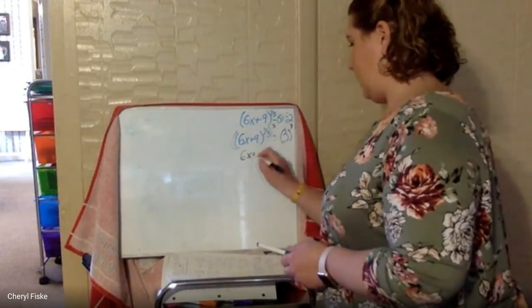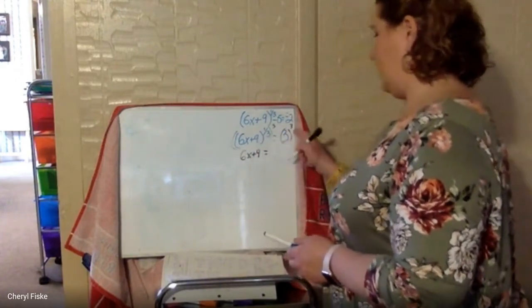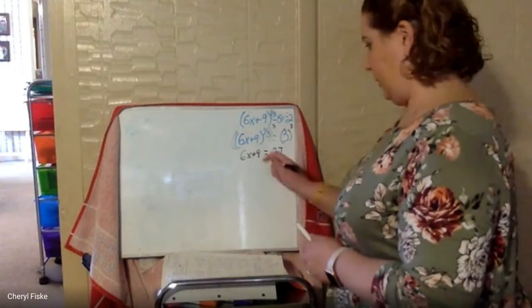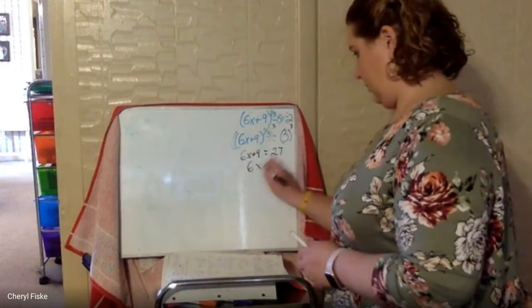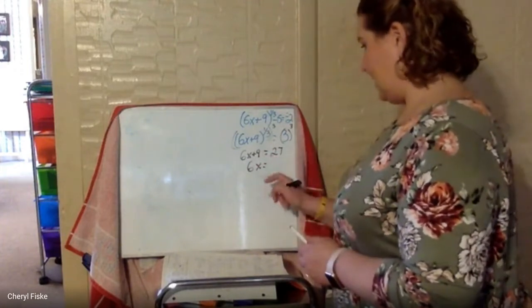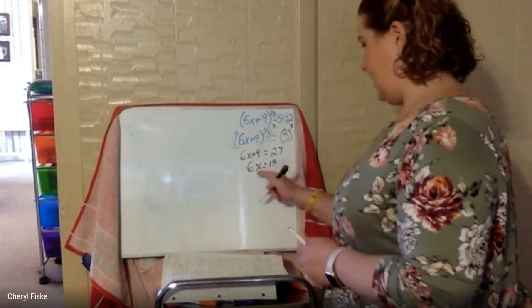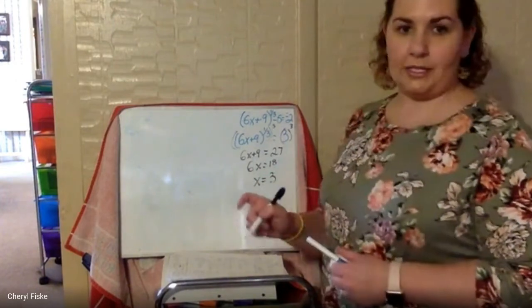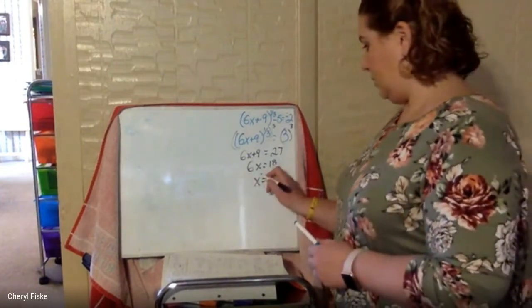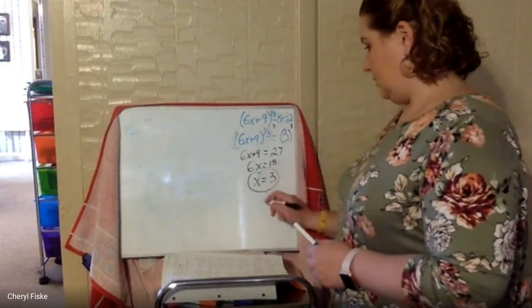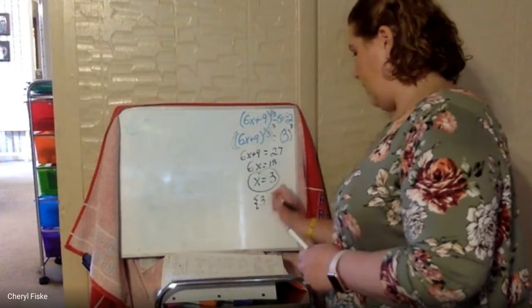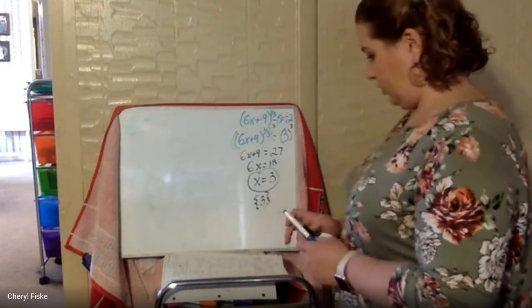So 6x plus 9, 3 to the third is 27. 27 minus 9 gives me 18. Divide by 6, I get x equals 3. We'll go back and check if x equals 3 is a solution, and it is. So x equals 3, or if you're solving, there's your solution of 3.